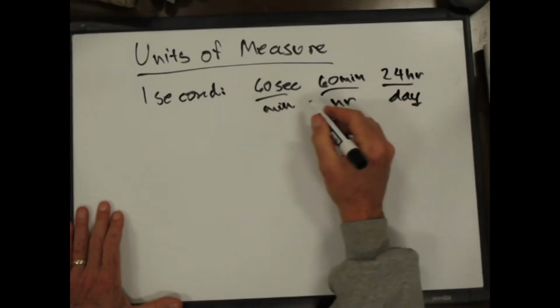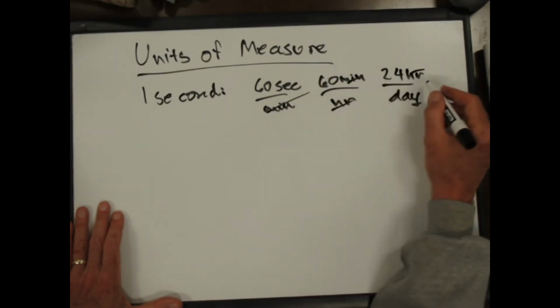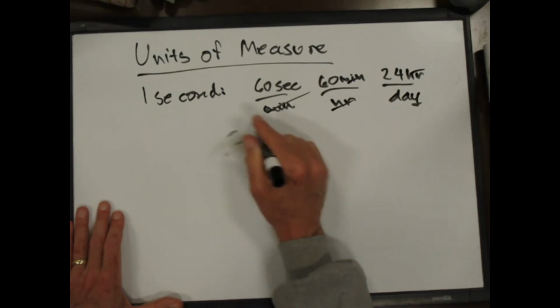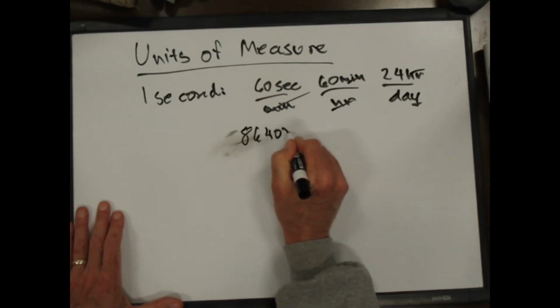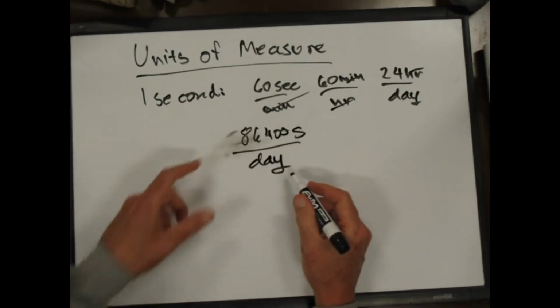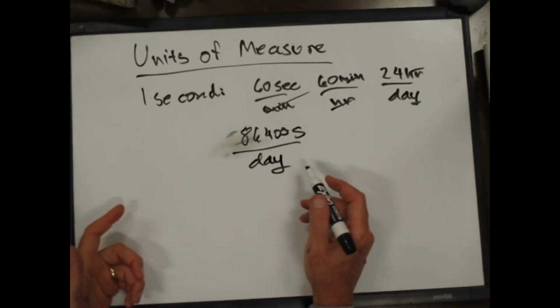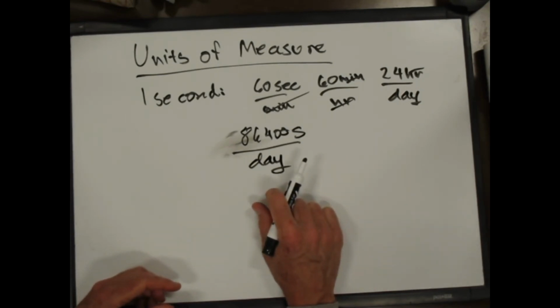If we multiply all these together, I can cancel the minutes and the hours. If I multiply 60 by 60 by 24, I get 86,400 seconds per day. So 86,400 seconds is 1 day. And that's how the second was defined, as 1/86,400 of a day.